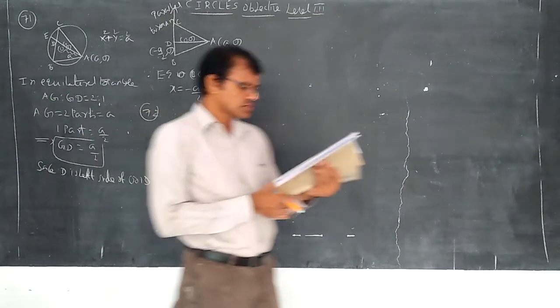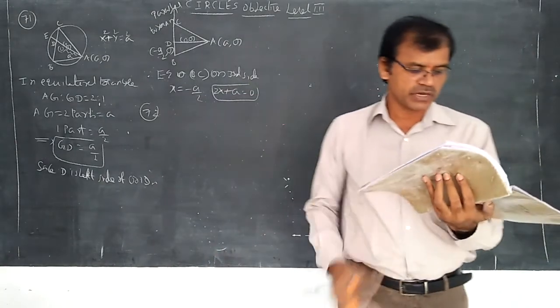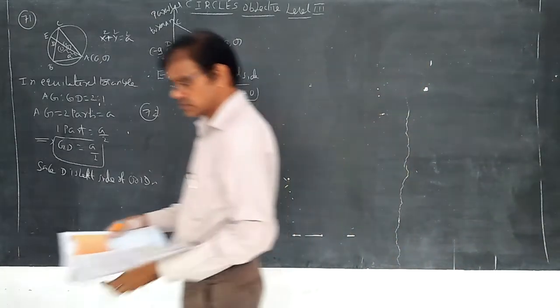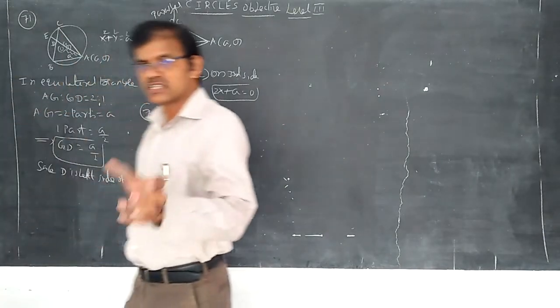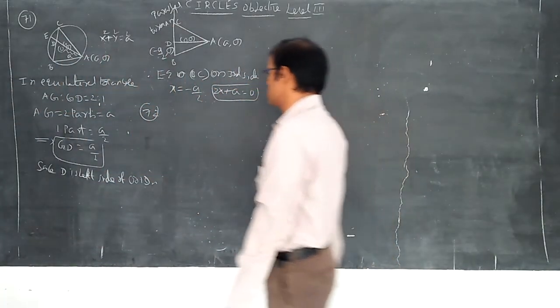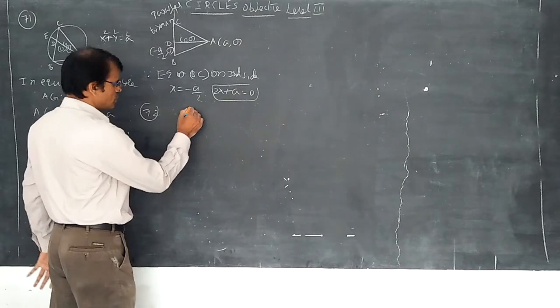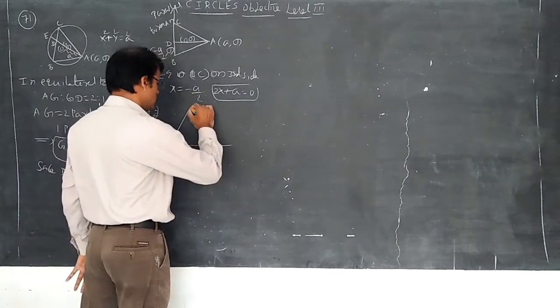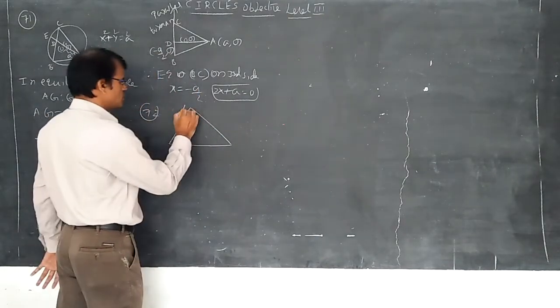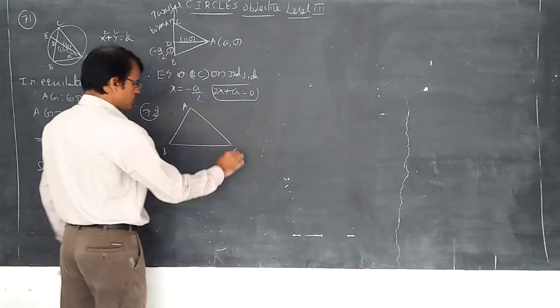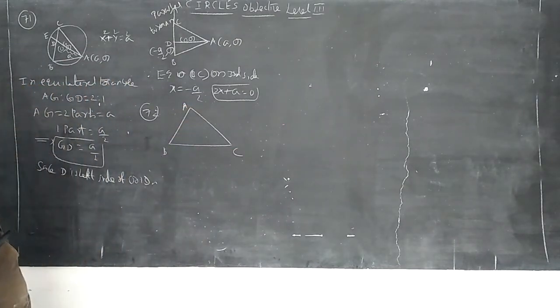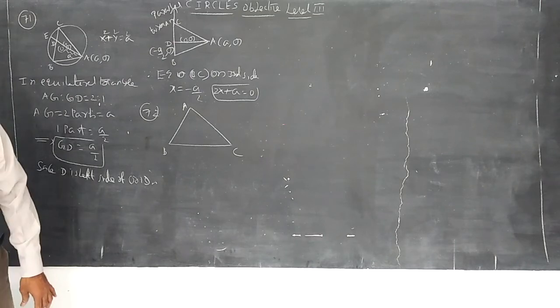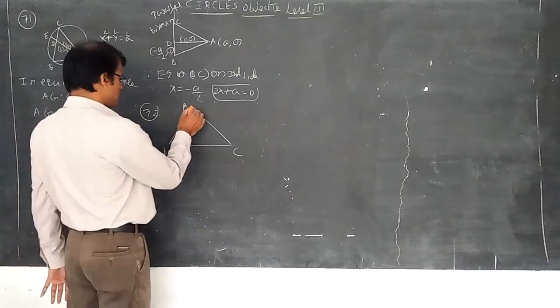72. The orthocenter of the triangle formed by the parametric points alpha, beta, gamma on the circle x square plus y square equal to a square. You will face the same question in circle level 2 also. Orthocenter of the triangle. Draw like this. Put A, B, C here. Better to draw like this. Put the circle equation x square plus y square is equal to a square.